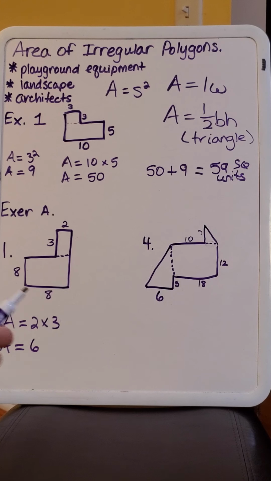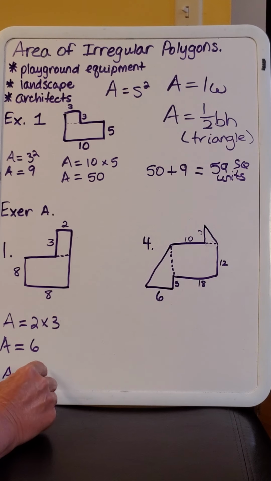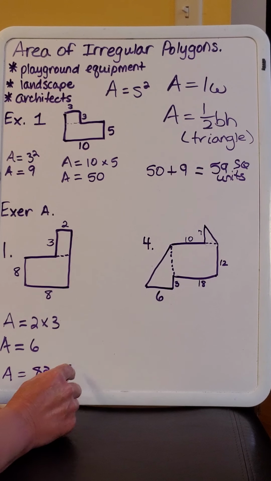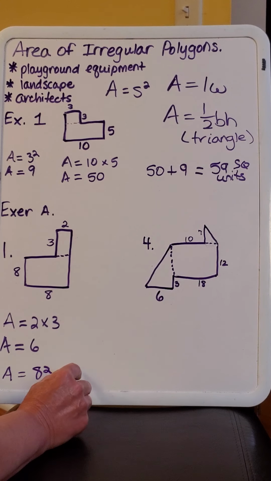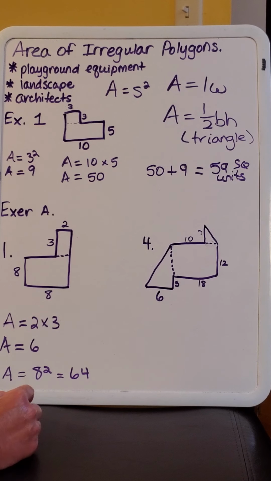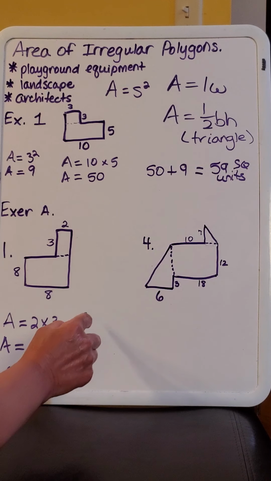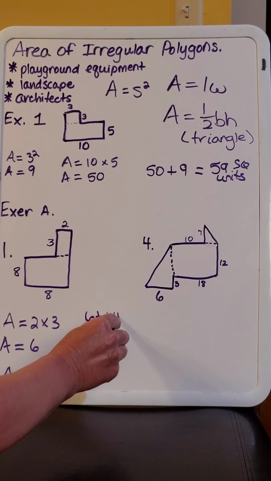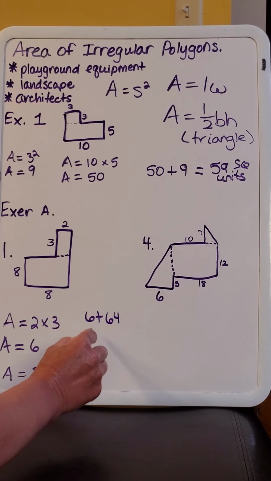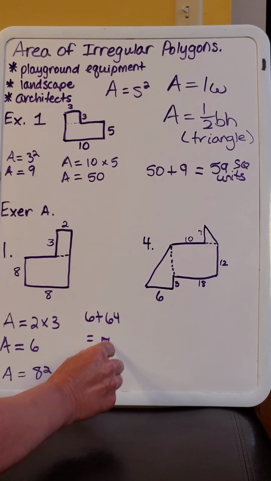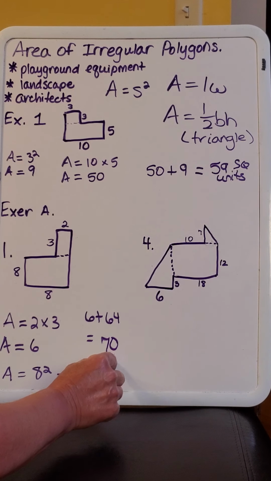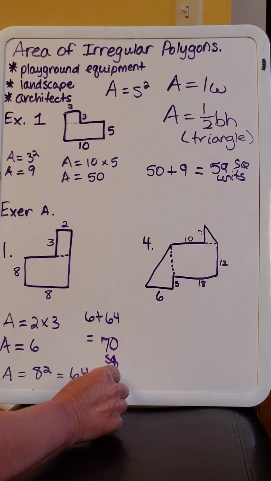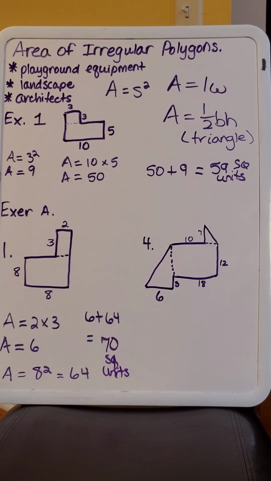And now for your square, area is equal to 8 squared, and that will be 64. Then you add these two together. 6 plus 64 is equal to 70. So there are 70 square units in that irregular polygon.